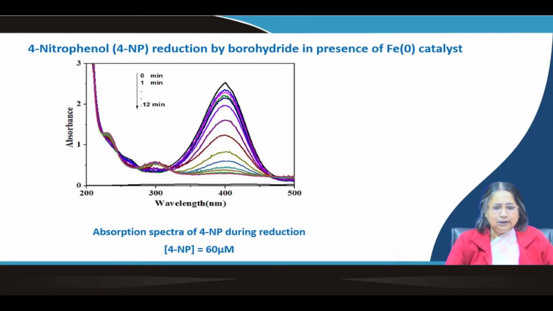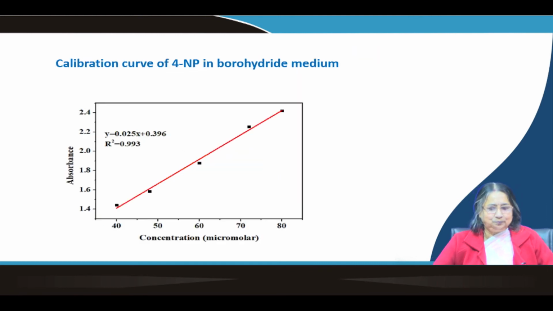So, we have started the reaction, we are measuring the absorption spectra, and we are getting different absorbance values at this wavelength at different times. We note down the absorbance values of the nitrophenolate ion at different times.